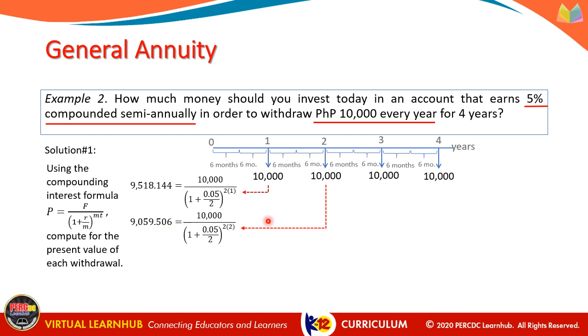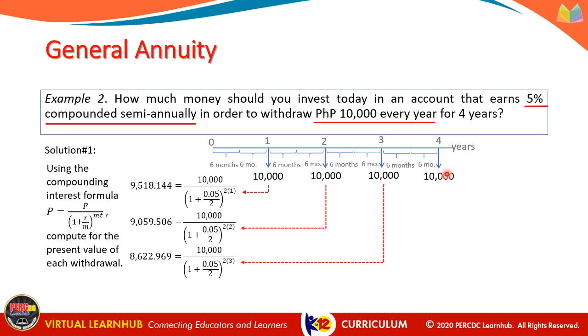This 10,000 pesos at the end of third year has a present value equal to 10,000 over 1 plus 0.05 over 2 raised to 2 times 3. This is done at the end of third year. Using your calculator, you should get the value 8,622.969.